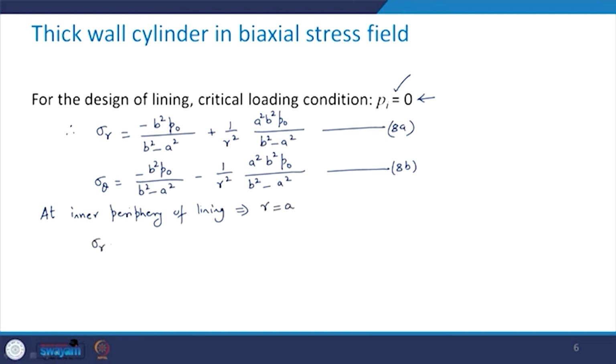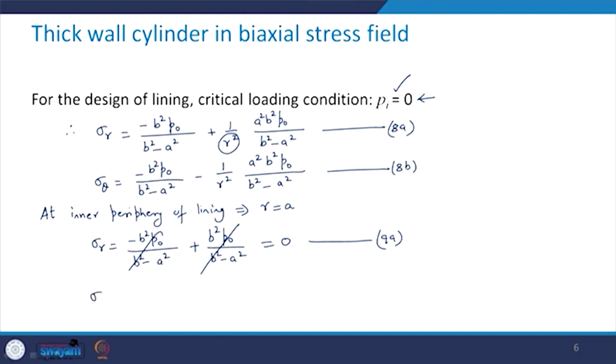Your sigma r will become equal to minus b square p naught upon b square minus a square, and see here this a square, if you substitute a square in place of r square, this will get cancelled out, and what you will get is b square p naught upon b square minus a square. These will get cancelled out and this will become equal to 0. That is 9a.